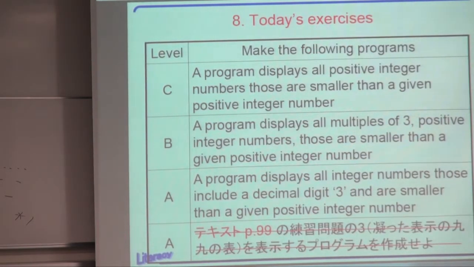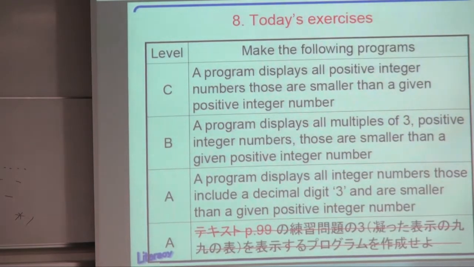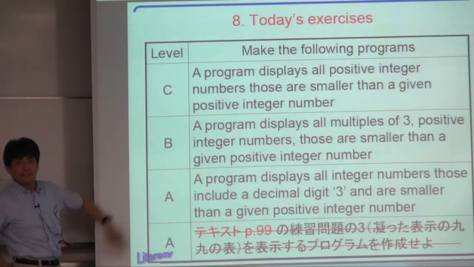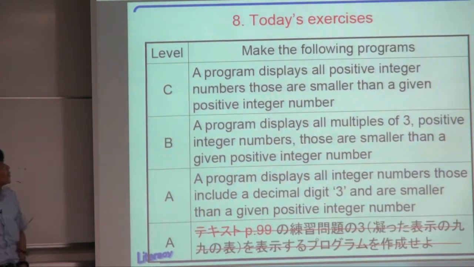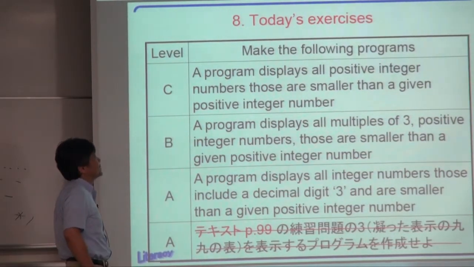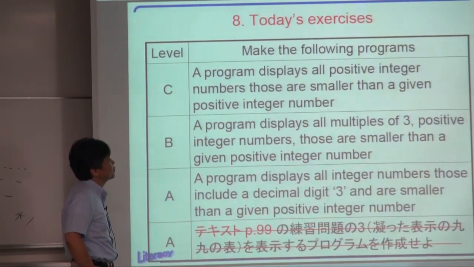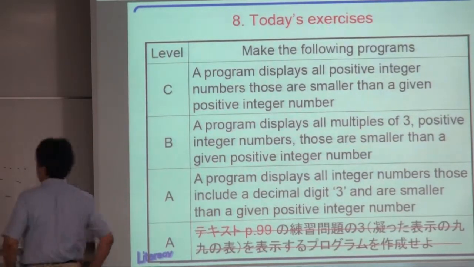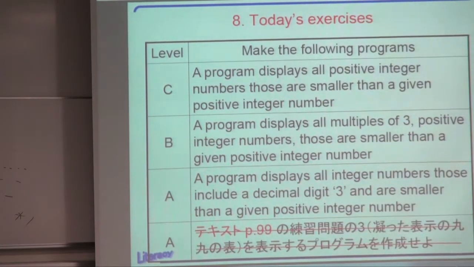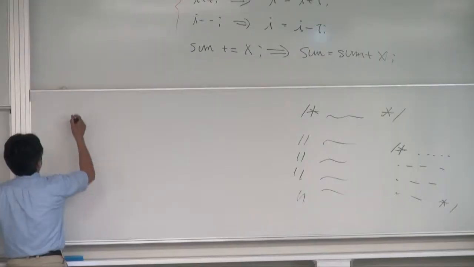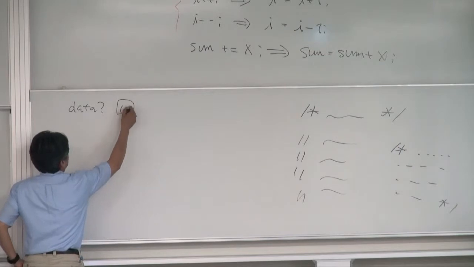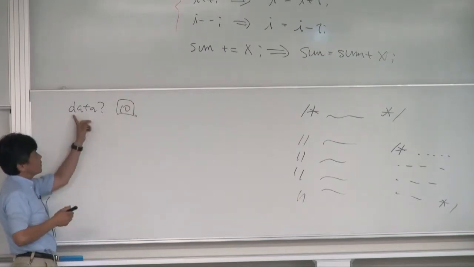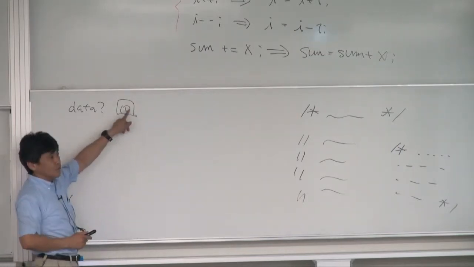So that's all. Finally, I introduce today's exercise: three programs. The first program, as shown here, displays all positive integer numbers that are smaller than a given positive integer number. The program prints a data question, then you enter, for example, 10.